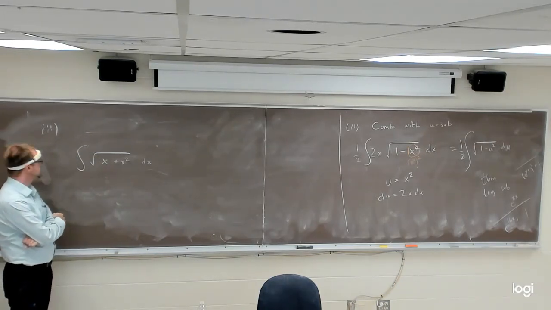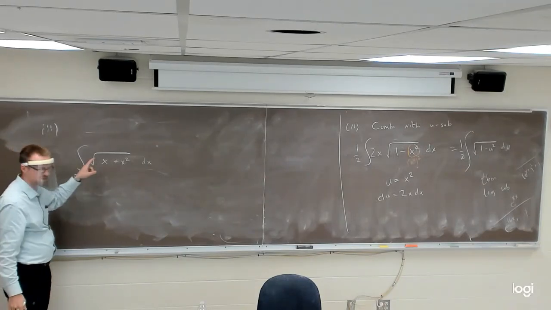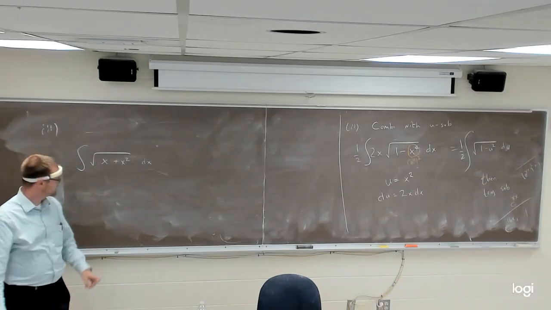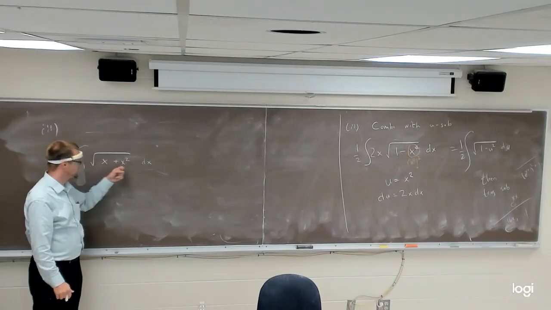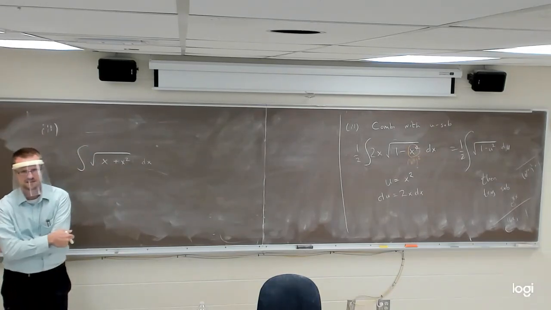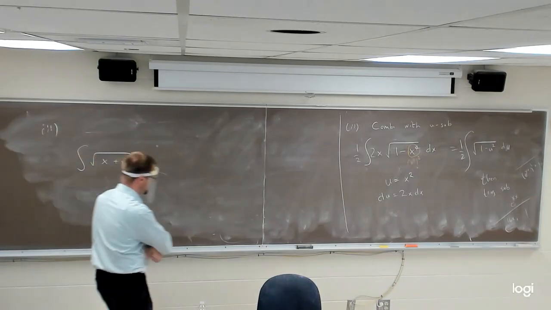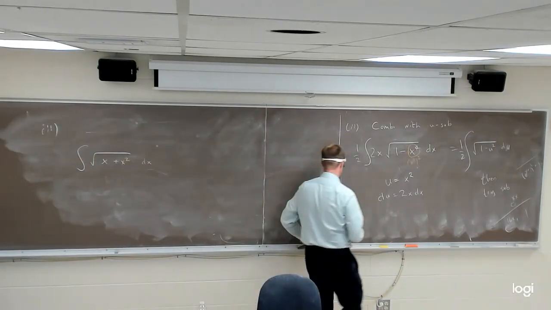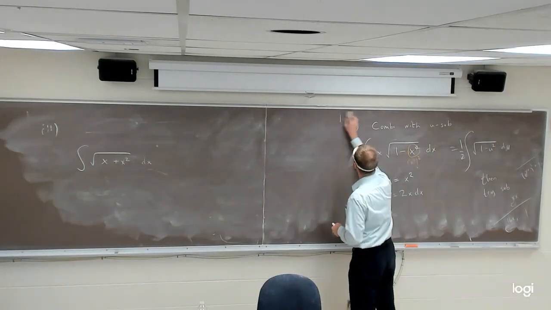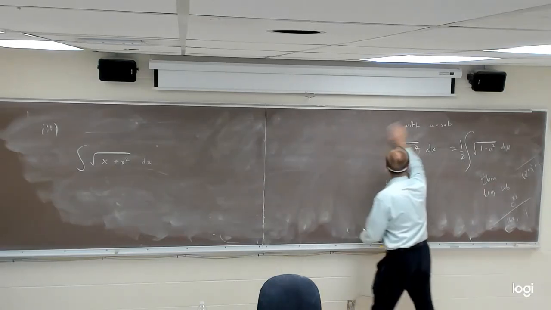This one is interesting because I don't see any numbers in it. And these things aren't both being squared, only one of them is. And if I try to do my normal techniques, it becomes challenging.